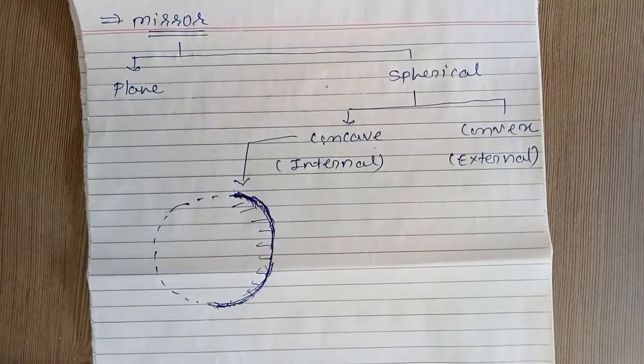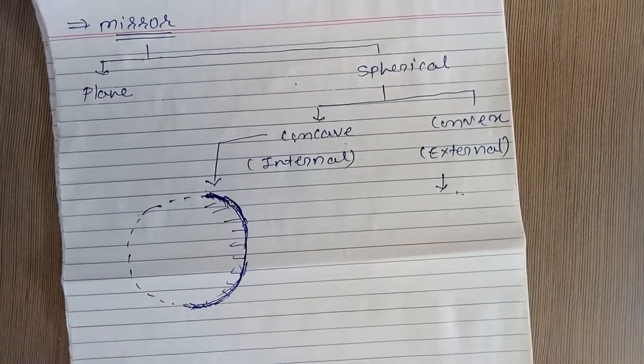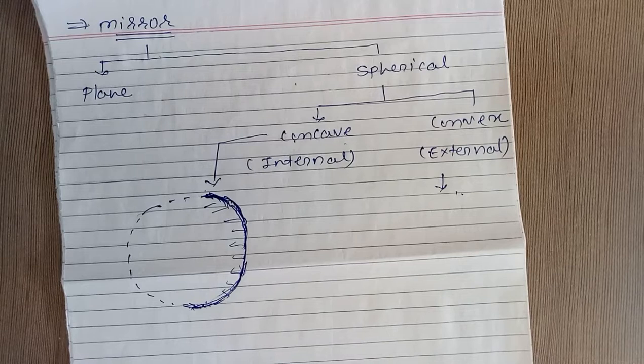Now about the convex mirror. What is a convex mirror? If the external surface of a spherical mirror is made reflecting, then it is known as a convex mirror. I repeat, if the external surface of a spherical mirror is made reflecting, then this is known as a convex mirror.